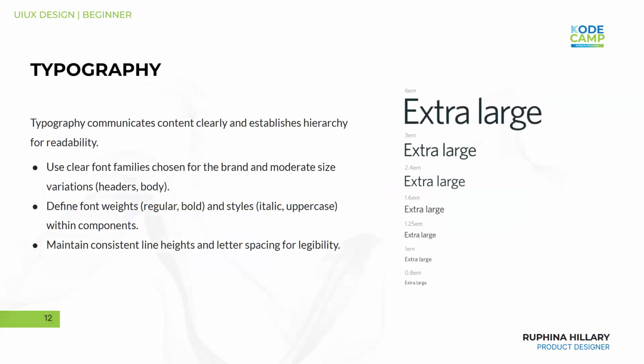Colors, we have typography, gone through all this. So you just use a clearly written font family. We stick with the font family you have chosen for your brand. So you have to define your font weight, maintain consistent line height and letter spacing for legibility. So what all this means is that all the colors you can ever think of, that you think you're going to use in this design, state it out, right?